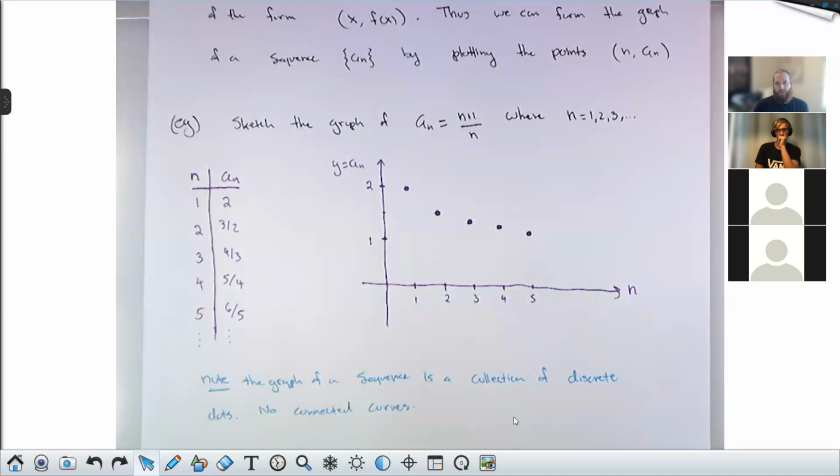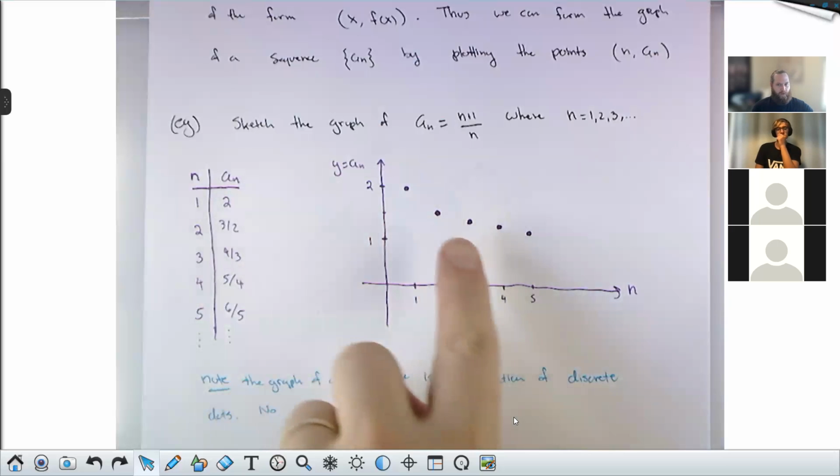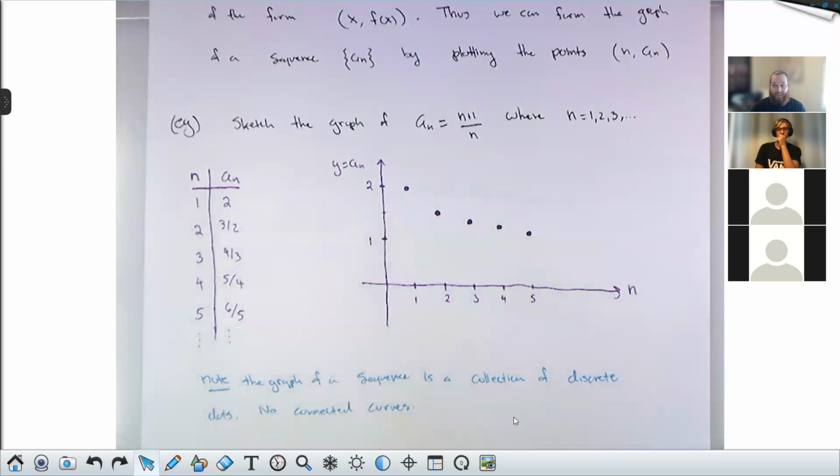Because remember, continuous means connected. The graph is connected, that means the function is continuous. Well, this is about as far from being continuous as you could get. It jumps all the time. Every time you increase the input at all, the output jumps. There's no chance for anything like continuity.